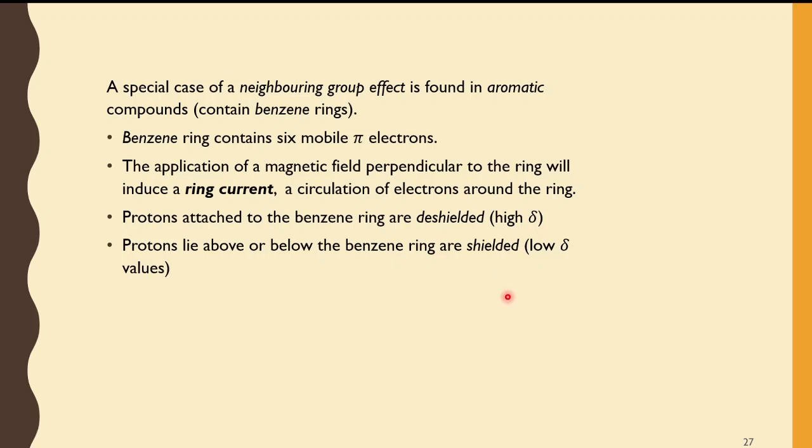I'm sharing this again so that you know there are various sources of shielding or deshielding, not unique to the electron withdrawing group and so on. There's actually more to this, of course, but my focus will be on the electron withdrawing group, so do look at that.